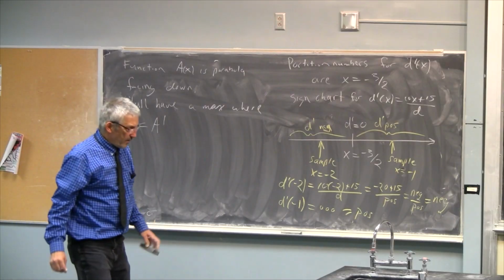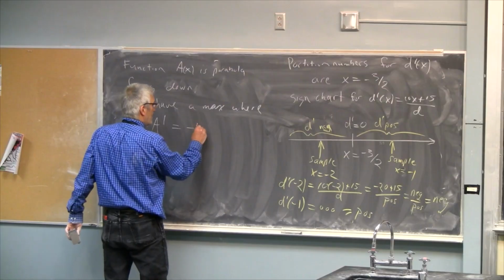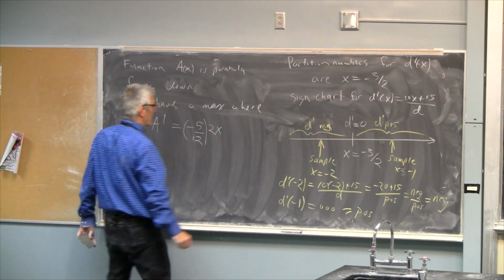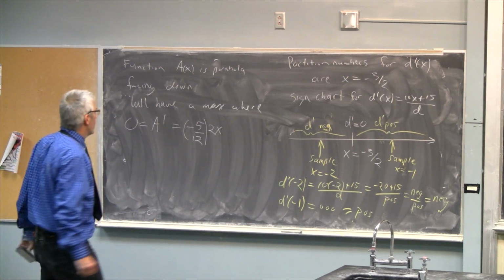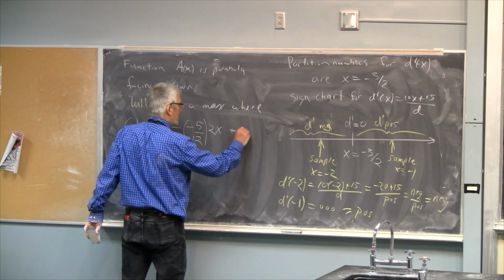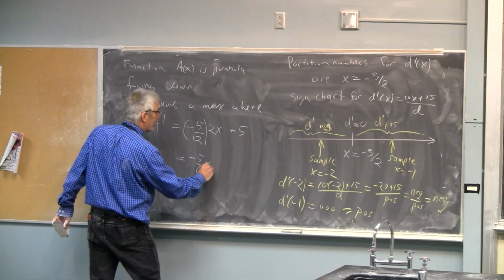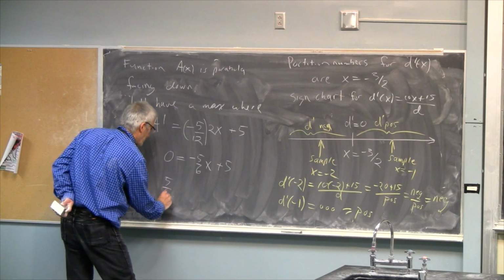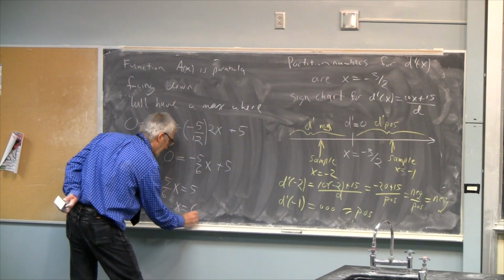And what is A prime? That's going to be minus 5/12 times 2x plus 5. So in other words, minus 5/6 x plus 5 has to equal 0. So 5/6 x has to equal 5, so that means that x equals 6.